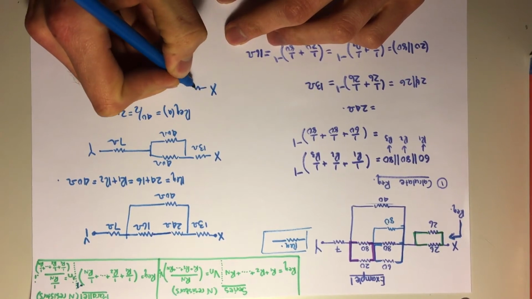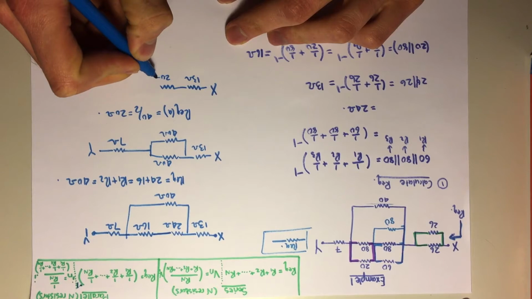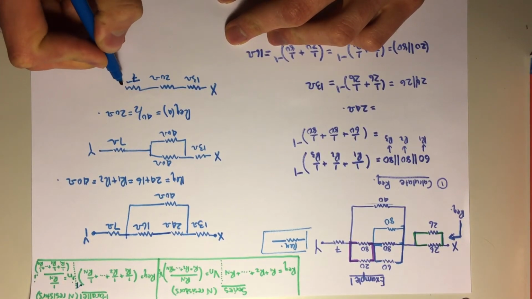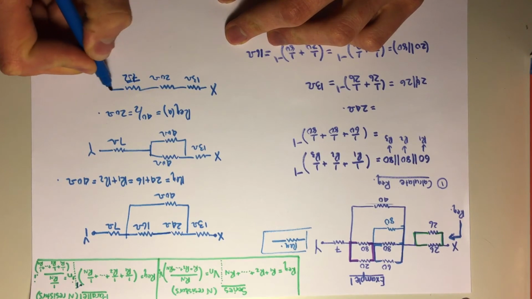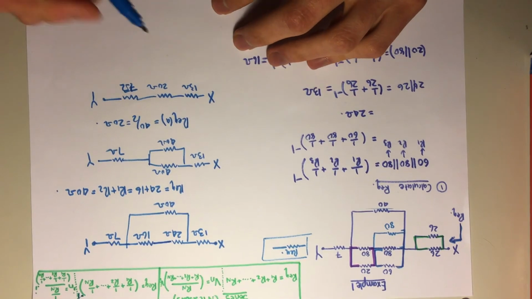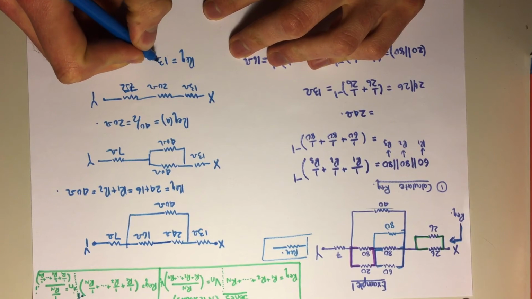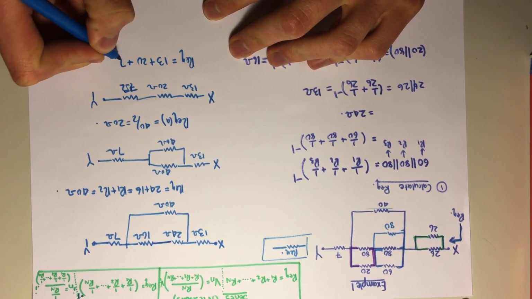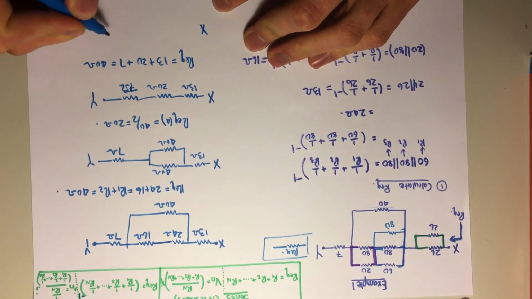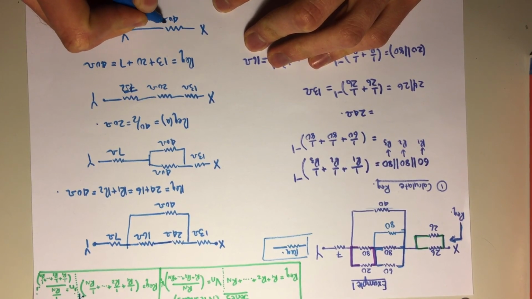So our equivalent circuit thus far is 13 ohms in series with 20 ohms in series with 7 ohms to point Y. And if we add that up, because it's all in series, R equivalent is 13 plus 20 plus 7, which gives us 40 ohms. So our R equivalent is 40 ohms.